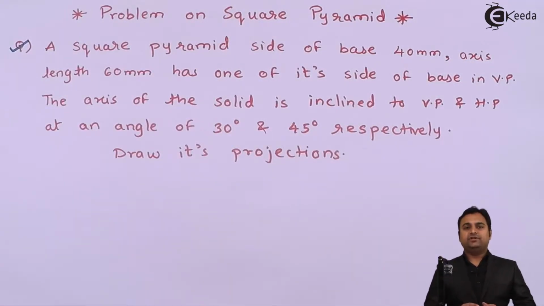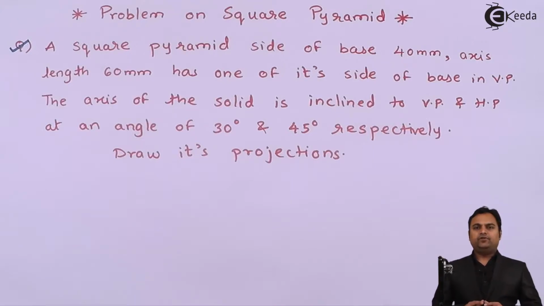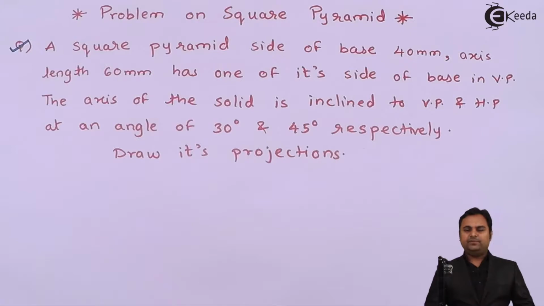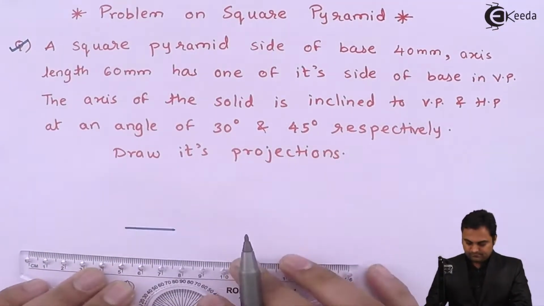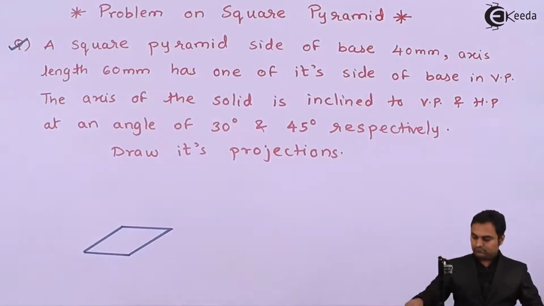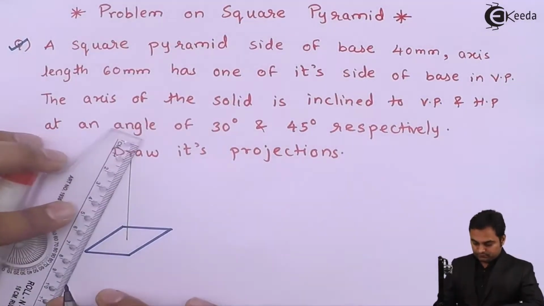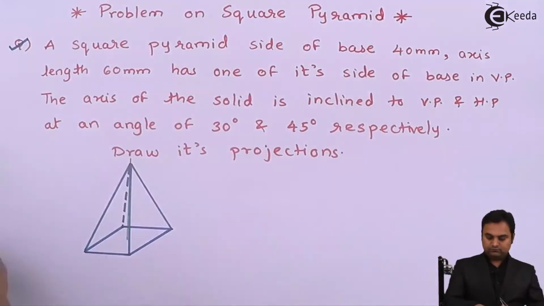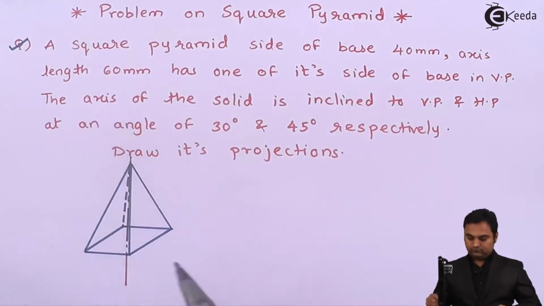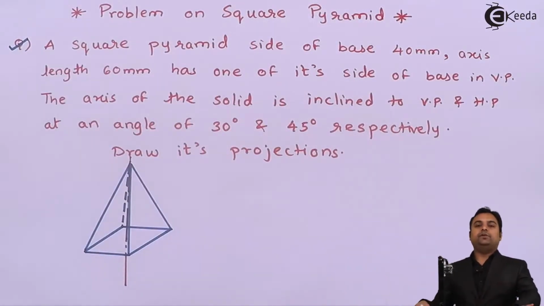Just by reading the question, it is understood that the type of solid is a square pyramid. So first, I'll draw the diagram of a square pyramid and explain the initial conditions. So here is a square pyramid.